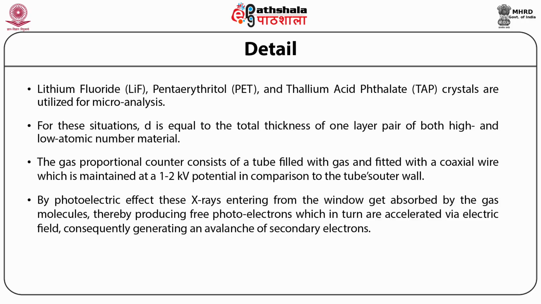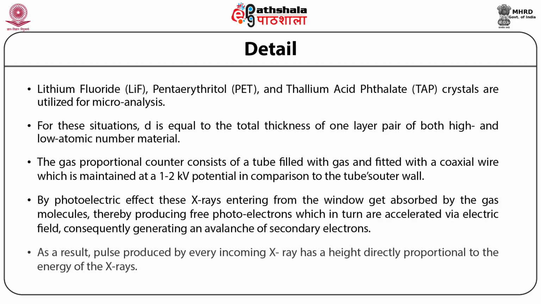By the photoelectric effect, X-rays entering from the window get absorbed by the gas molecules, thereby producing free photoelectrons which in turn are accelerated via the electric field. Consequently, an avalanche of secondary electrons is generated. As a result, the pulse produced by every incoming X-ray has a height directly proportional to the energy of the X-ray.